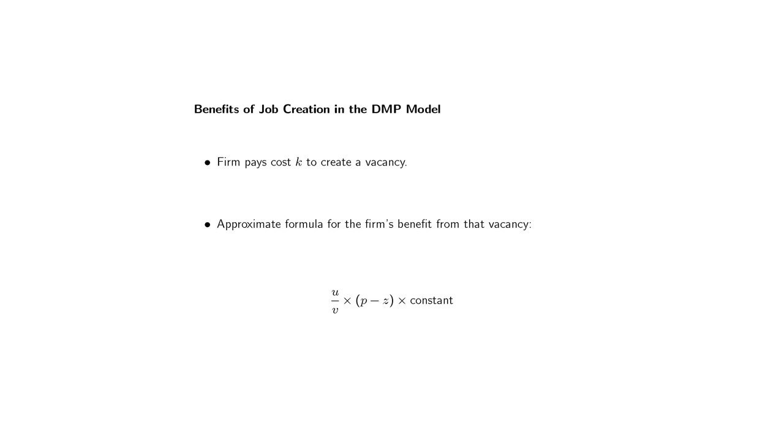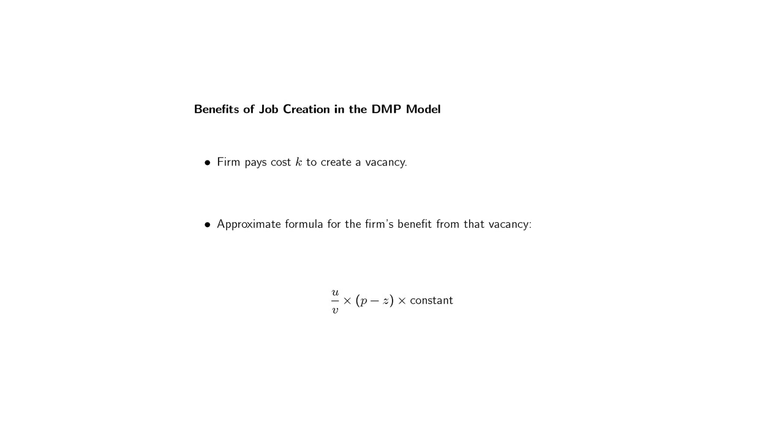Now here's what I'm going to use the model for. I told you the firm pays a cost K to create a vacancy. The model delivers a slick formula for the firm's benefit from that vacancy. It's very intuitive and very clear, very easy to use. And here's the approximate formula.